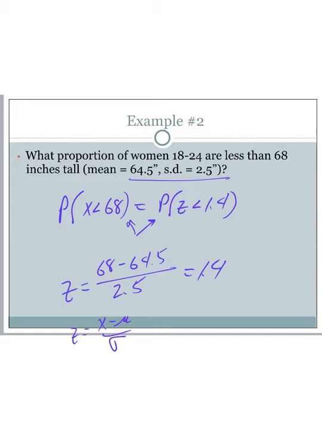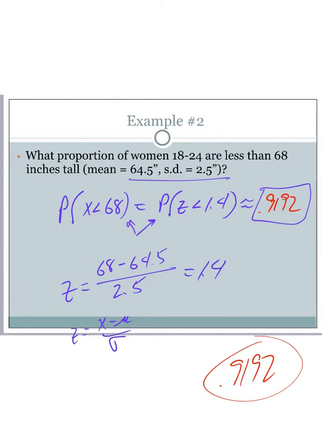Now, the reason you need to write one of them is here comes our answer right here. And if I just write that answer in space, then it has no context of where it comes from. So what we're doing is we're showing, in this case, this answer here is 0.9192. Okay, and so if we just write 0.9192 with nothing else around it, we don't give it any context of where that answer comes from.